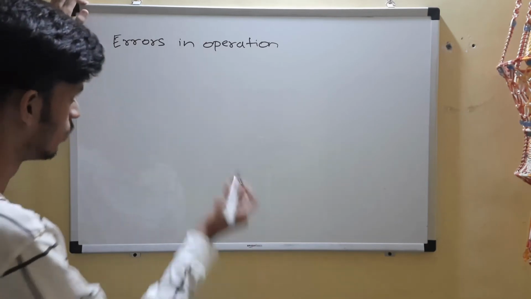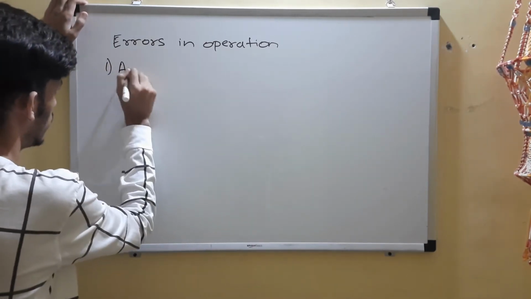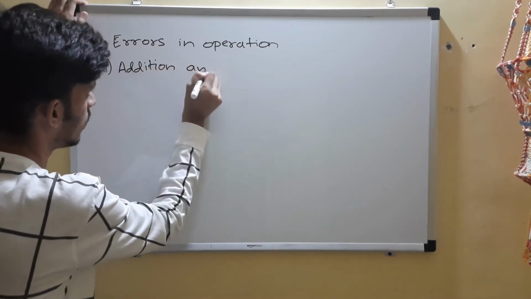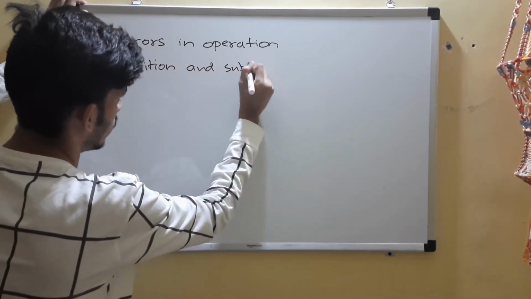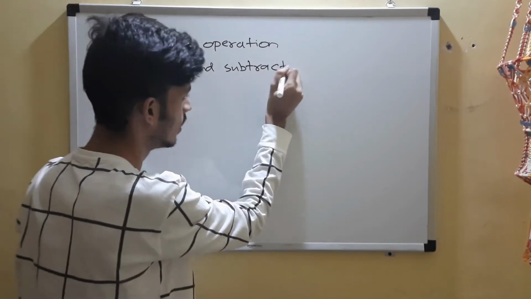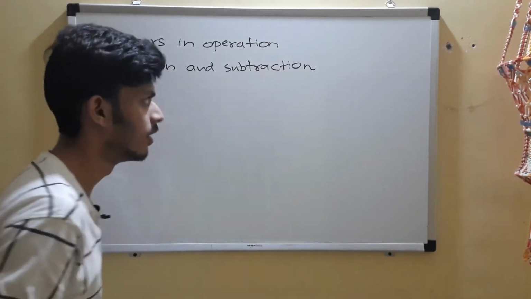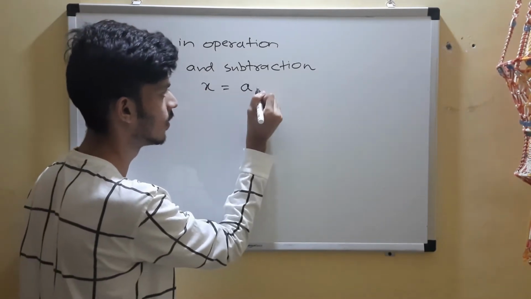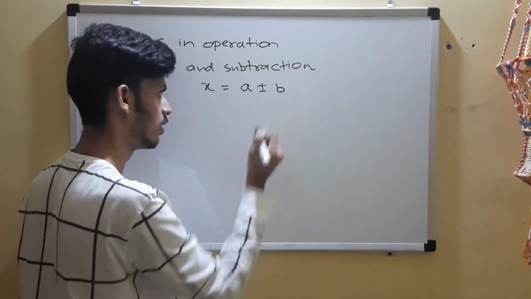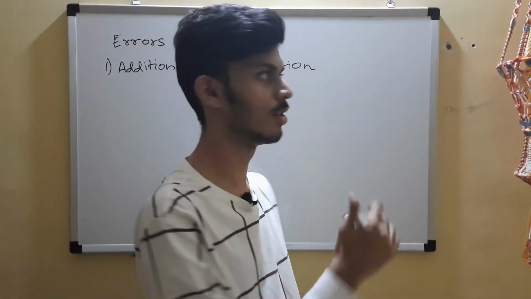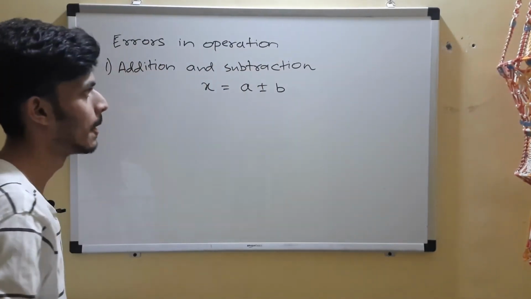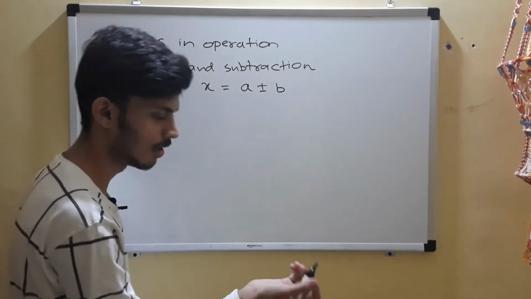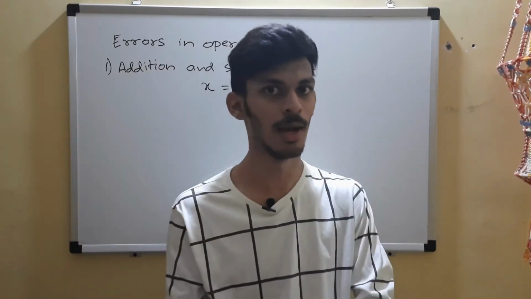So the rule for addition and subtraction is the same, and I'll give you the proof for addition and subtraction. You just have to remember the final result, but I will give you the proof. Suppose there is some quantity x, given as a plus minus b, where you either add two quantities or subtract two quantities. Now we will have some error in a and some error in b.